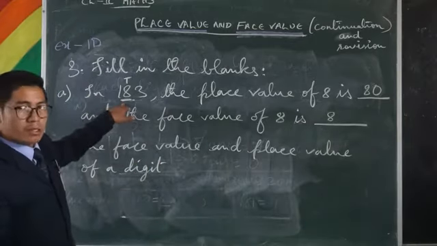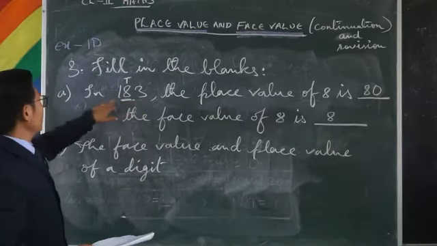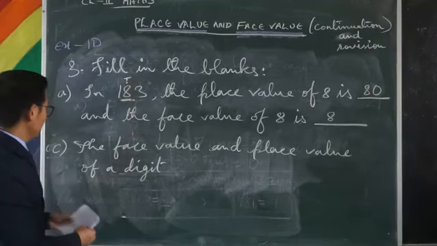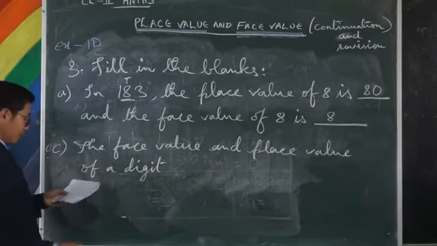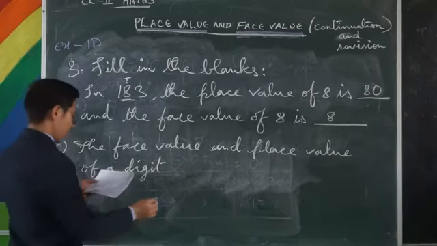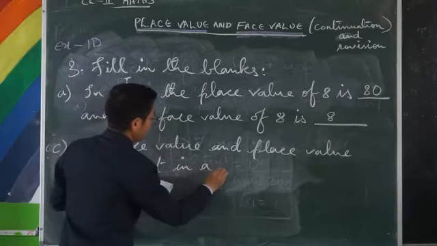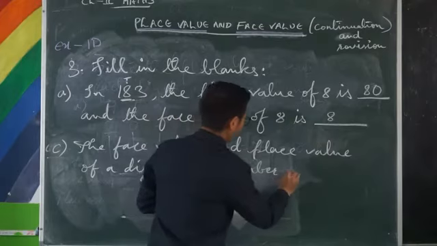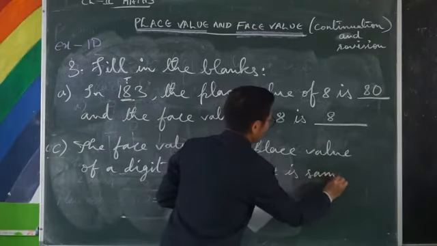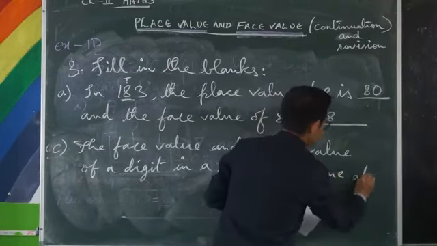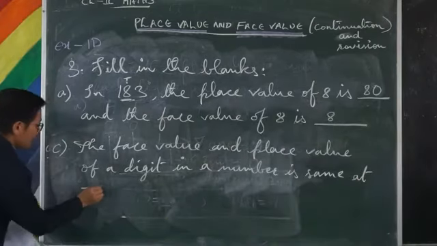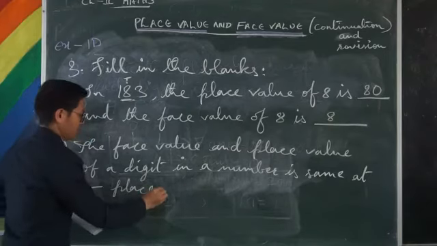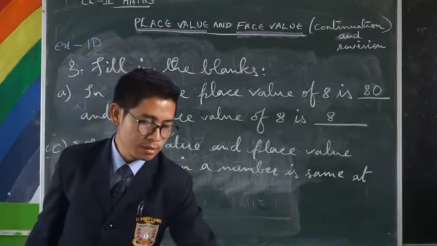See, 8 is a digit, 3 is a digit, and 1 is also a digit. So this is a 3-digit number, isn't it? So of a digit means a single number.